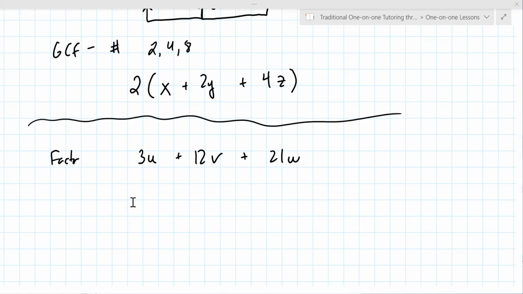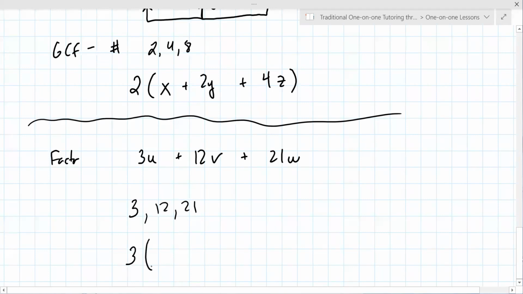I mean, 4. Well, no, 7. 4 doesn't go into 3. It's just 1. So we're looking at 3, 12, and 21. We're trying to find the biggest number that goes into all of them. And you said it right, the answer is 3. So this becomes u plus 4v plus 7w. Okay.